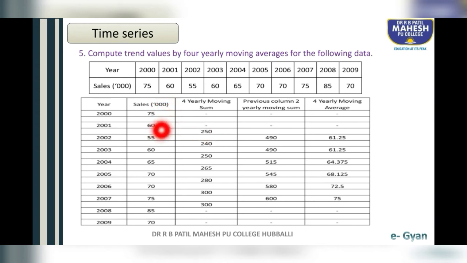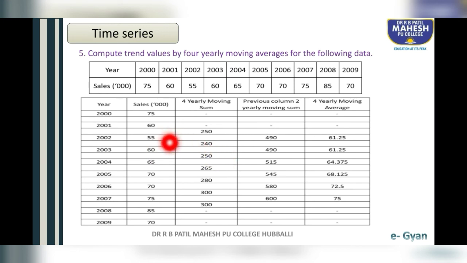Next take 4 values: 60 plus 55 plus 60 plus 65 is 240. Next leave 60 again, take 4 values: 55 plus 60 plus 65 plus 70. After adding these 4 values, the answer is 250.